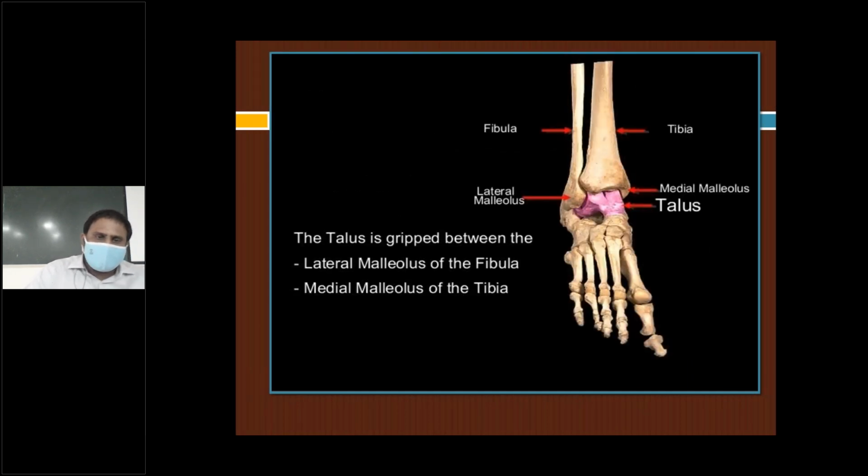Now let's discuss the joints. The talus is gripped between the lateral malleolus of the fibula and the medial malleolus of the tibia. This forms the ankle joint. Only the talus, tibia, and fibula participate; three bones articulate at the ankle joint.